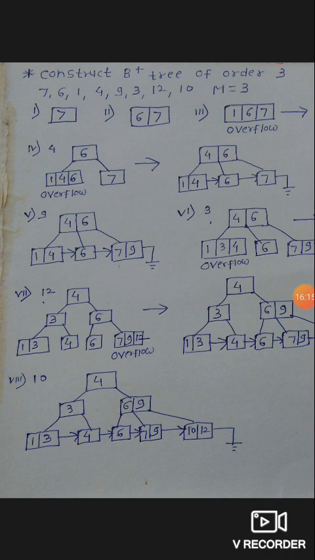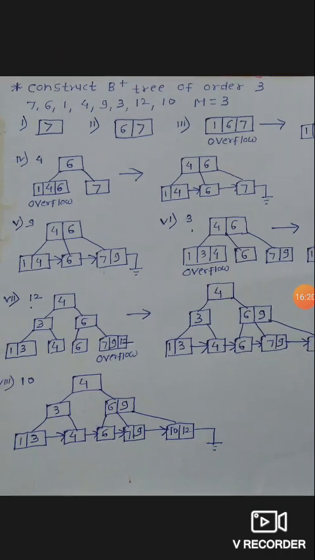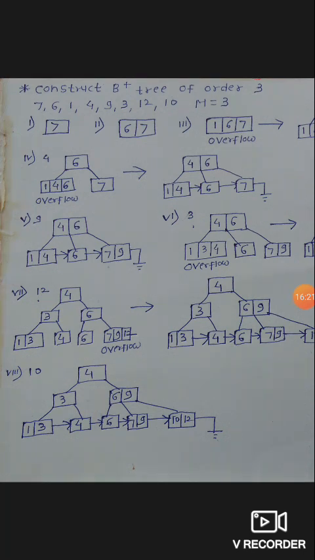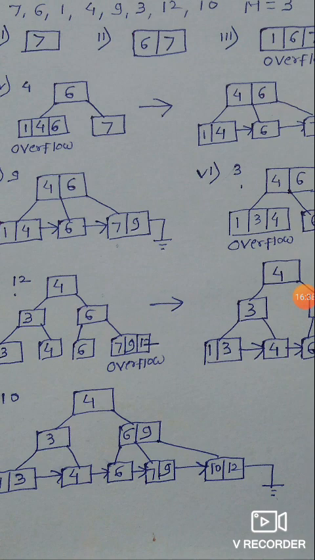When 12 comes, 12 is greater than 4, it is added at the right hand side of 4. Again it is greater than 6, again it is added at the right hand side of 6. So therefore it becomes 7 9 12.